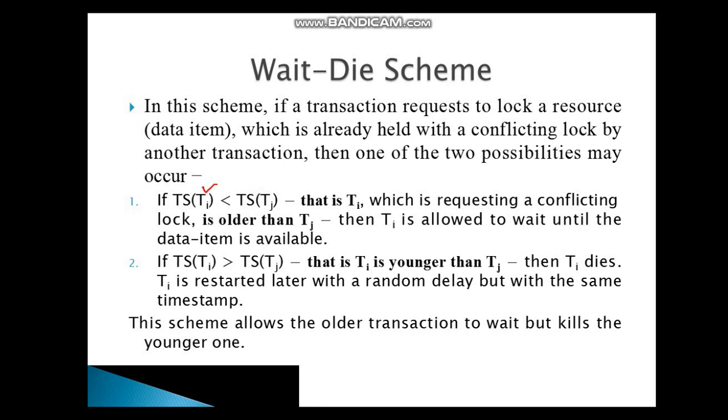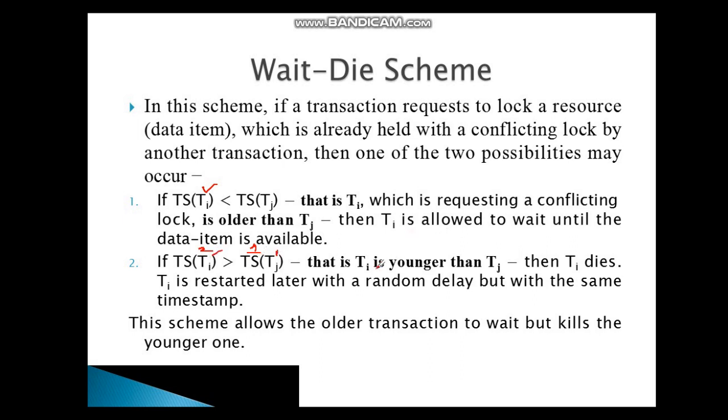Second, if the timestamp of Ti is greater than the timestamp of Tj, that is, Ti is younger than Tj. Suppose Ti comes at time 2 and Tj at time 1. Obviously 2 is greater than 1, so Tj has entered the system earlier than Ti.